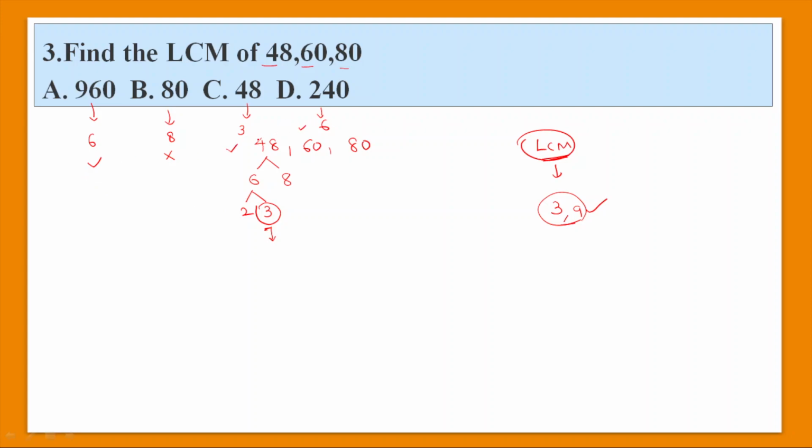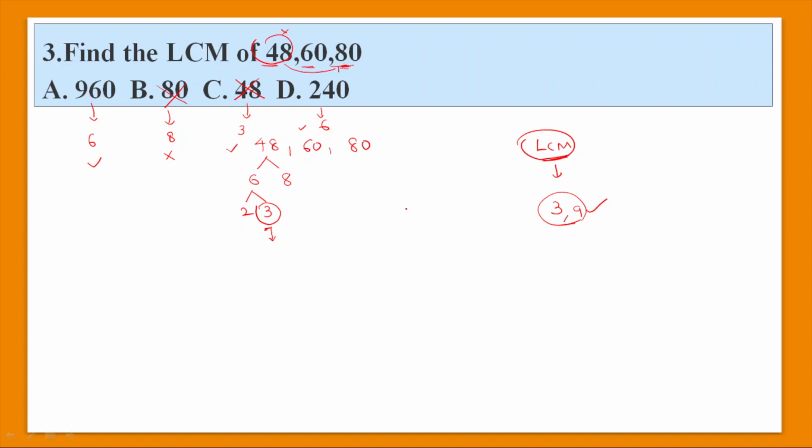Next I need to check. The LCM of 48, 60, 80 cannot be a lesser number, so 48 cannot be our answer. And suppose I assume 80 as my LCM, but 48 is not exactly divisible by 80, so 80 is also not our answer.